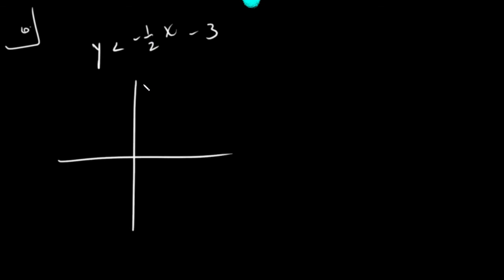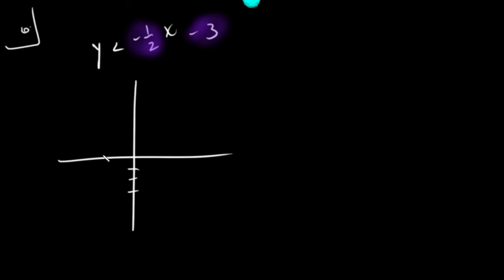So, sue me. Y is less than negative 1/2 x minus 3. Graph it. Again, slope-intercept form. This is your intercept. This is your slope. You absolutely need to be able to do this. Negative 3 is the y-intercept, so that's where it crosses the y-axis.